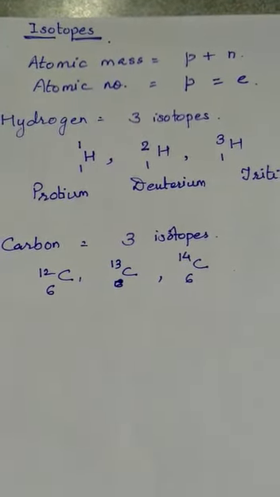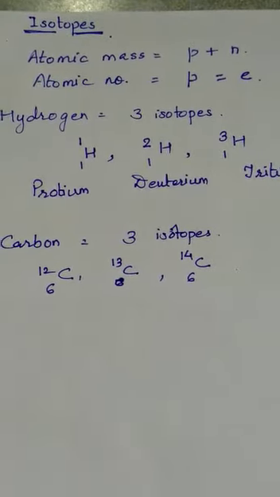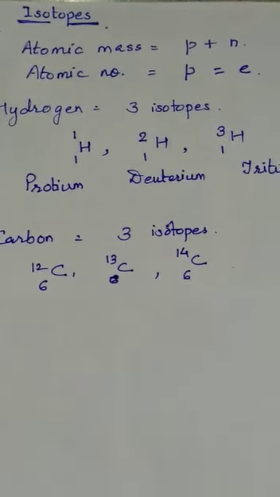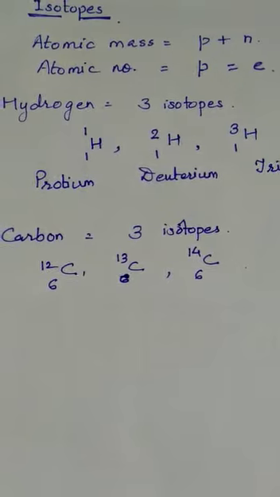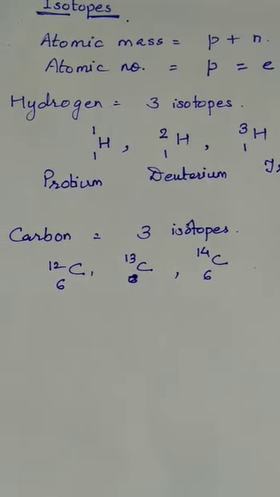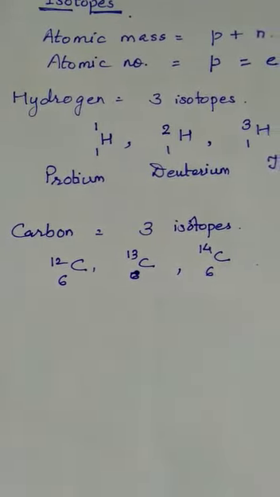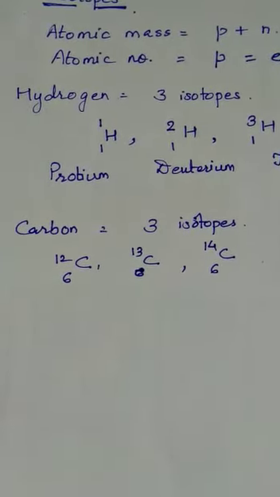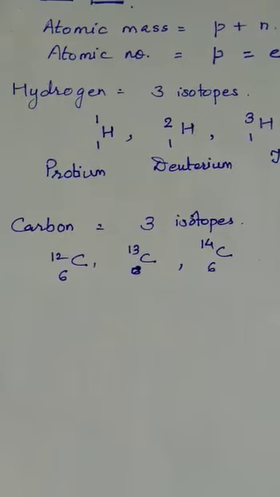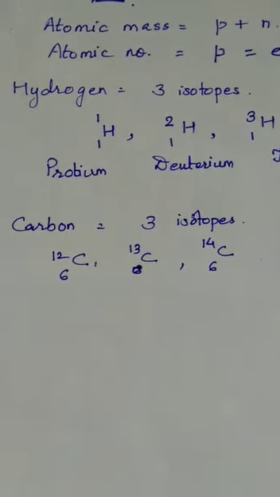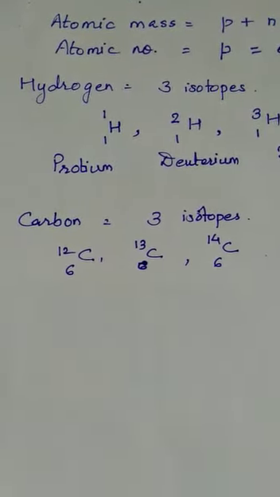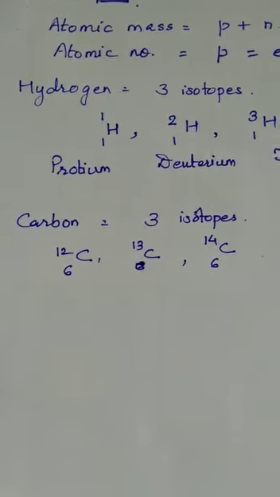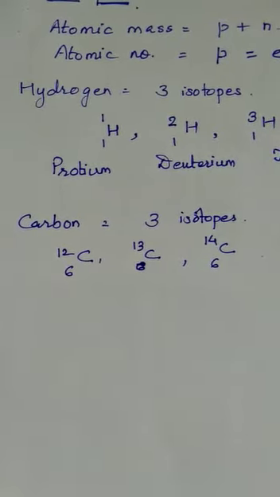In this way, different elements show different kinds of atoms in the same element which have the same atomic number but different mass number, and the properties which depend on the atomic number, mainly the chemical properties, are the same because they have the same atomic number and same number of electrons.